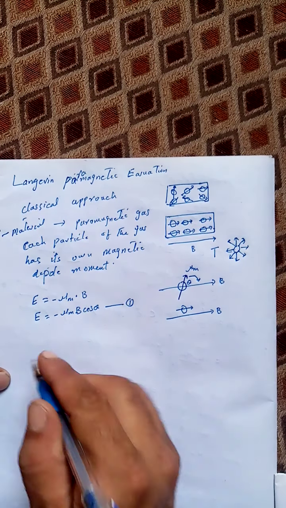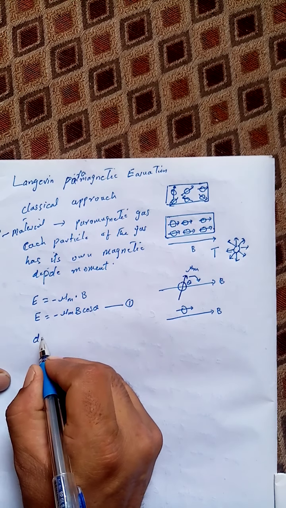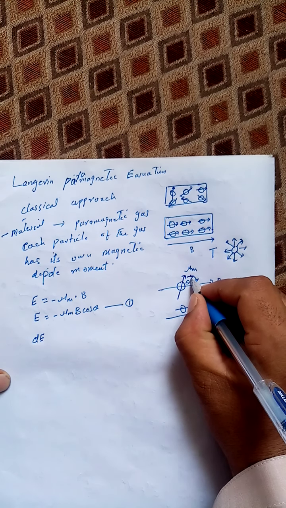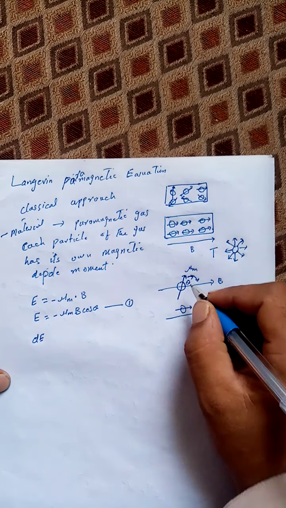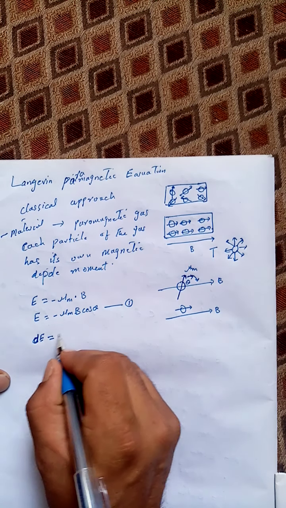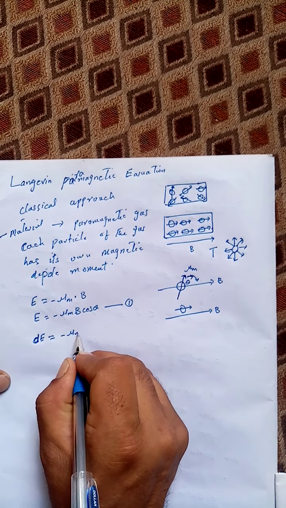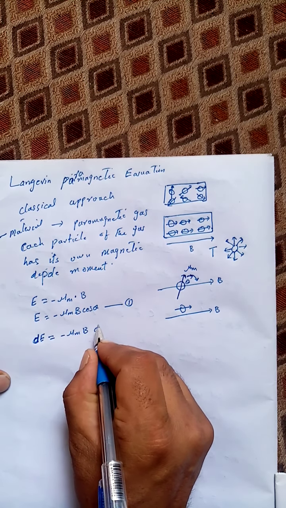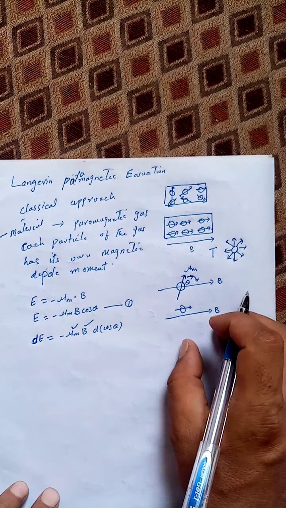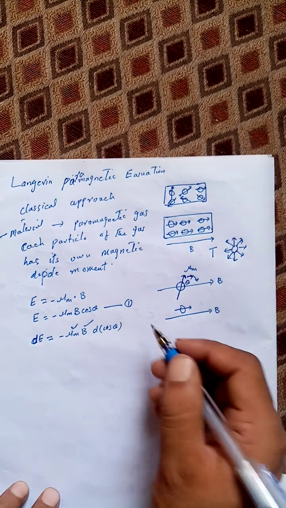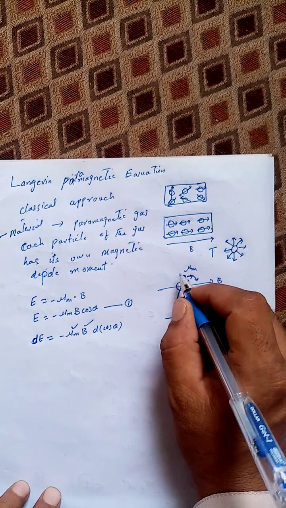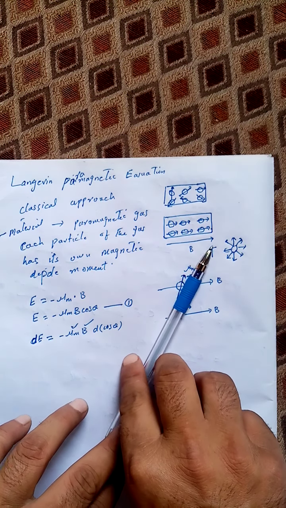Now if we calculate the small change in potential energy due to a small movement of this dipole moment, from this position to this position, it can be calculated by differentiating this equation. dE is equal to minus mu m B into d of cos theta, because the magnitudes of mu m and B are constant, but only theta is varying here, because the dipole moment gets rotated in the direction of the magnetic field.